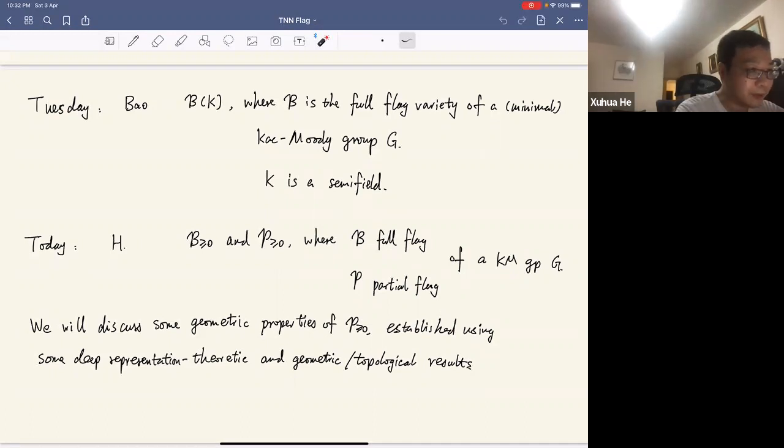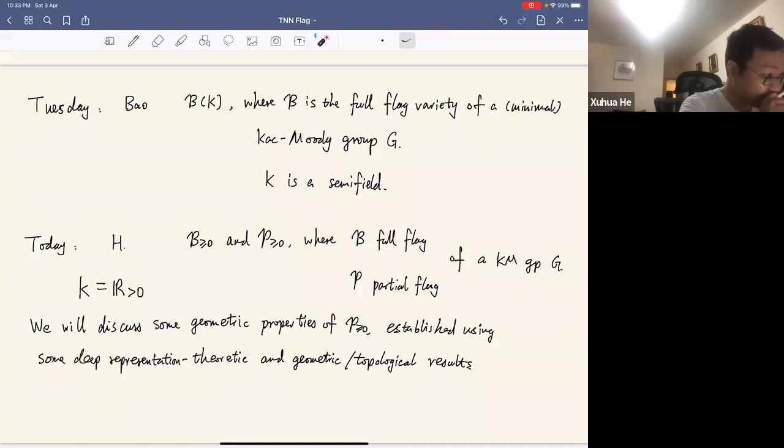And so what I'm going to do today is that we are not considering arbitrary semifields, but we are just focusing on the semifield which is the positive real numbers. And so, this goes back to Lusztig's 1994 paper, the theory of the total positivity.